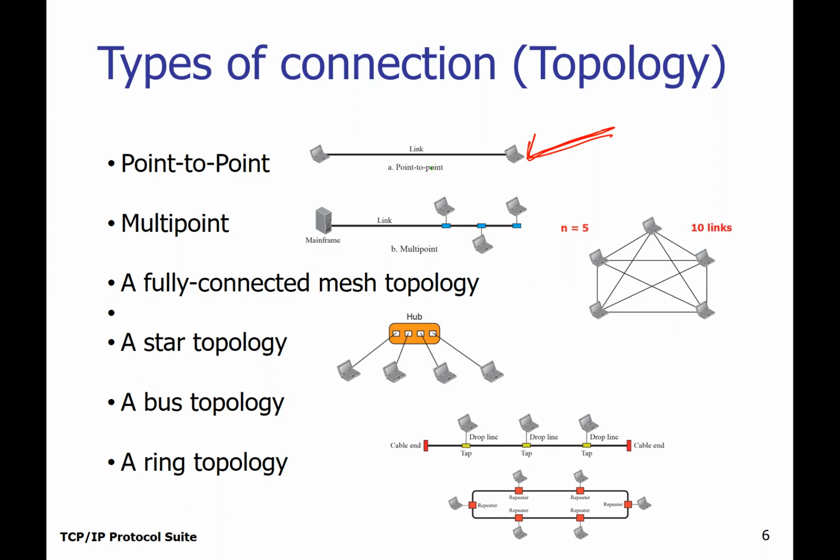Then multipoint: it's the same idea. You have the server and multiple devices connected to the server. Perfect. Okay, what about the fully mesh technology? What is the advantage of that? You can talk to multiple computers at the same time, right? But what is the disadvantage?